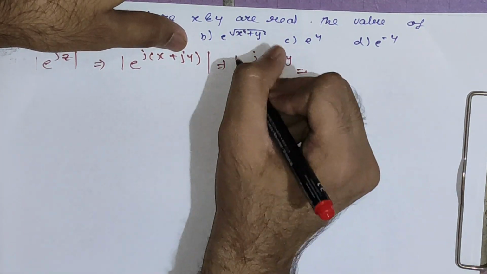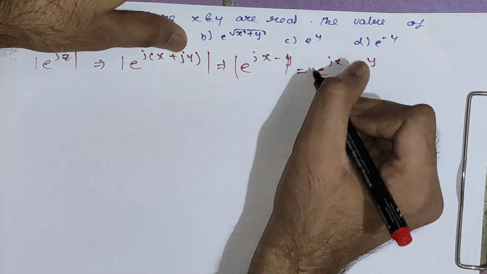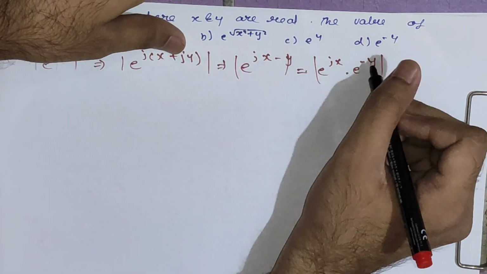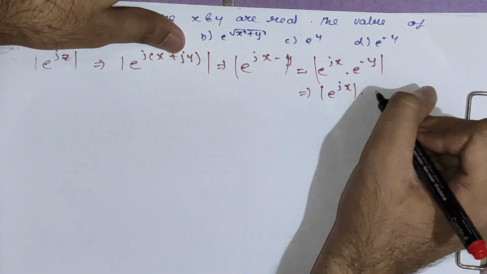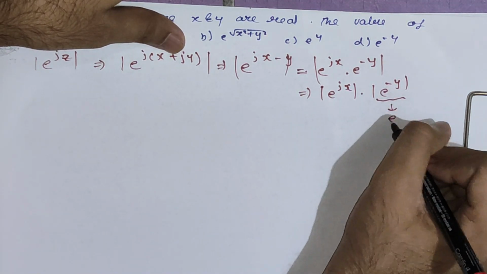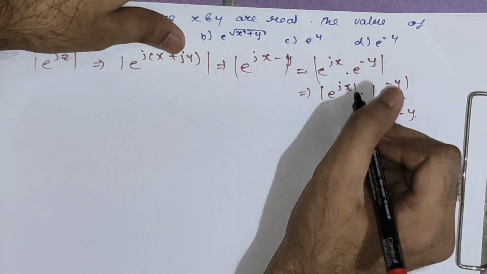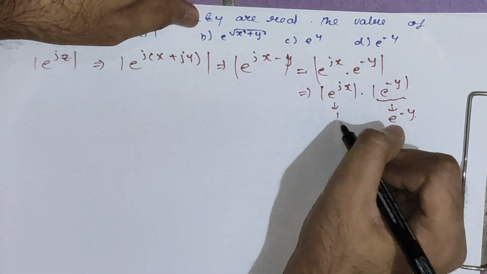So you can write it as modulus of e raised to jx into e raised to minus y. Now with the property of modulus, we can separate this. The modulus of e raised to minus y will be e raised to minus y itself, and the modulus of e raised to jx, basically the modulus of e raised to j theta, will be 1. Why?